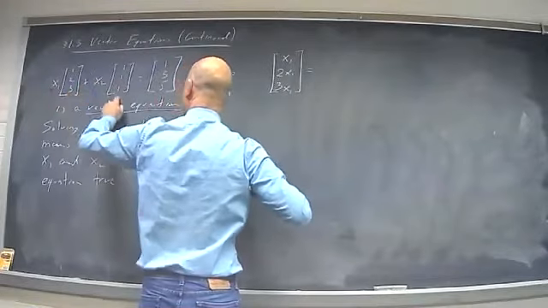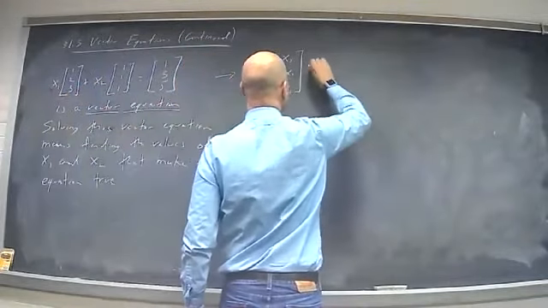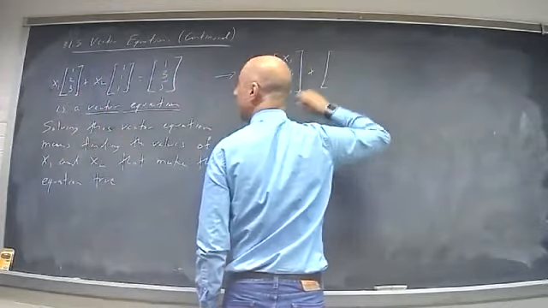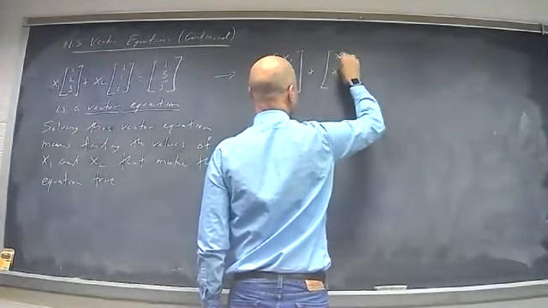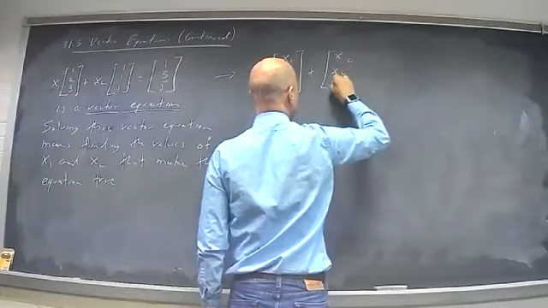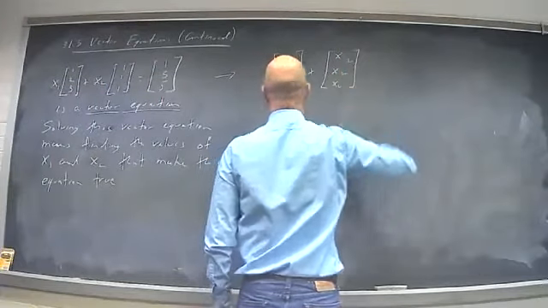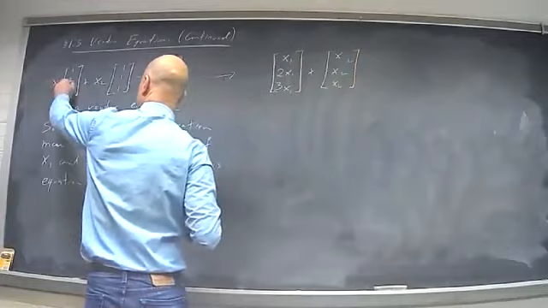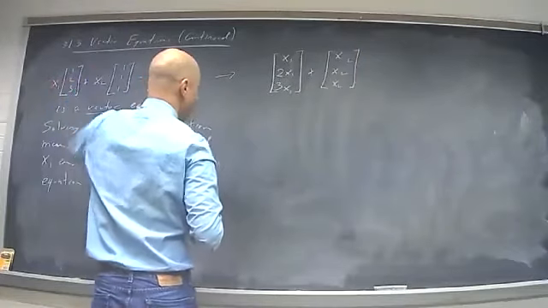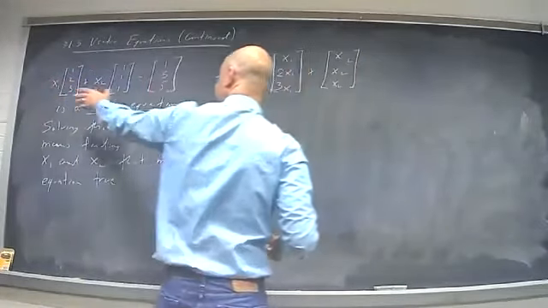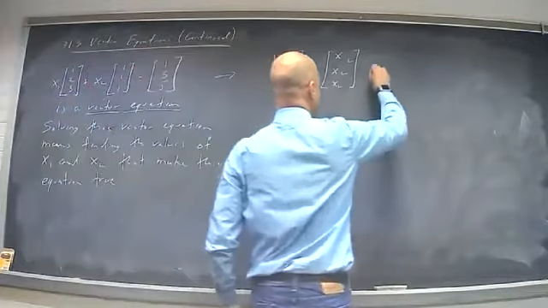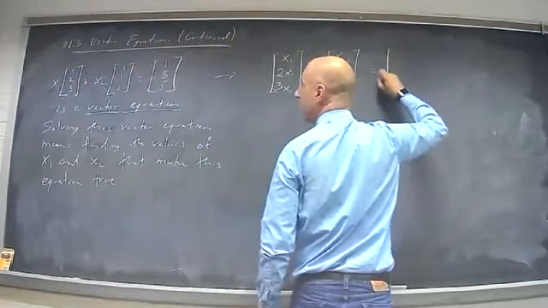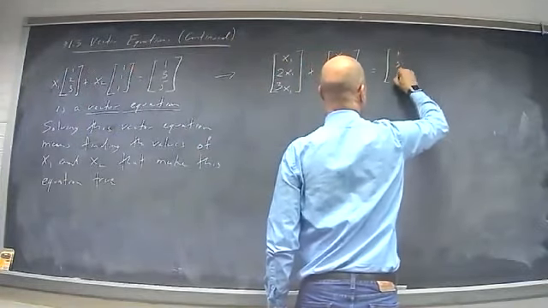If I take x2 and multiply it by 1, 1, 1, that's just x2, x2, x2. All I did is multiply the x1 into 1, 2, 3, and the x2 into 1, 1, 1. That's all you do when you multiply a scalar by a vector. You multiply the scalar by every single entry in the vector. And that's supposed to equal 1, 3, 5.